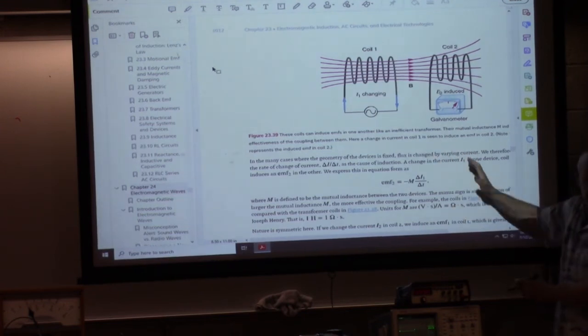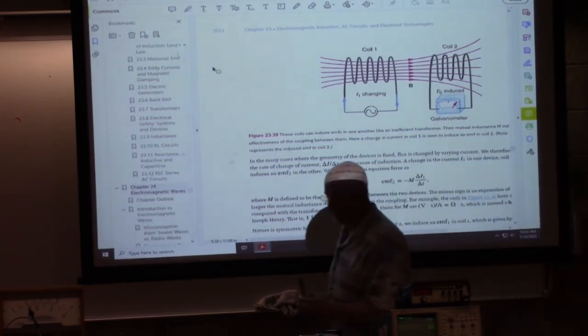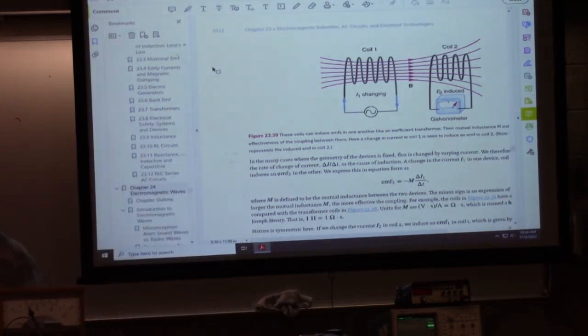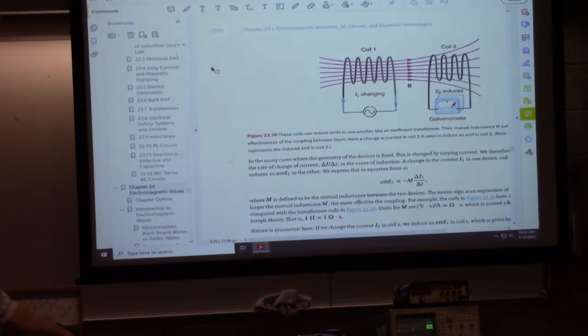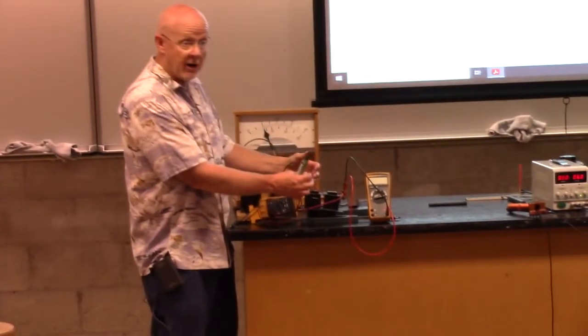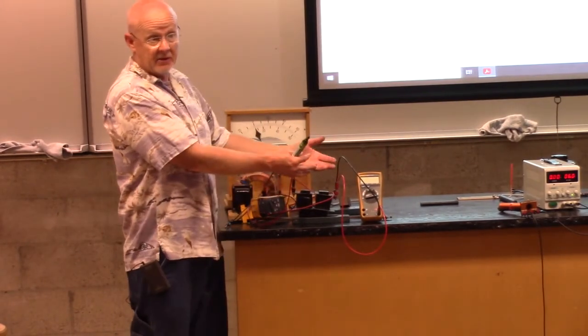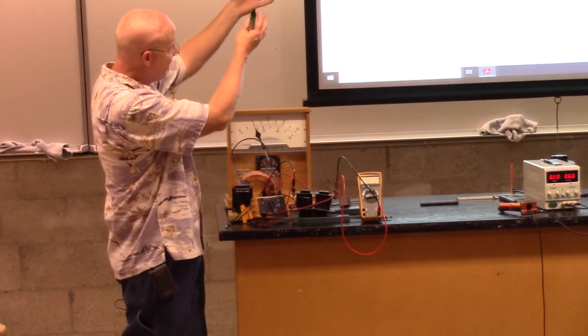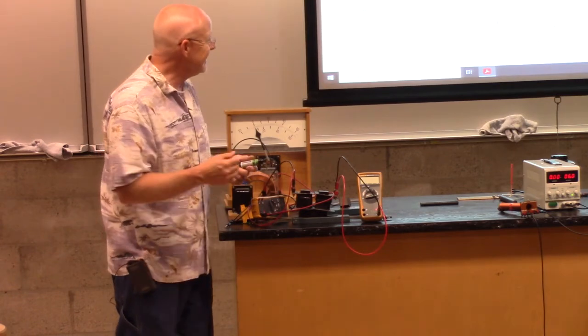This one affects the other. In fact, I would say that your author's already done mutual induction. This transformer is a mutual induction. This transformer is saying, look, you've got current going into this primary, that gets fed into something else, and so there's a certain amount of voltage in that secondary.